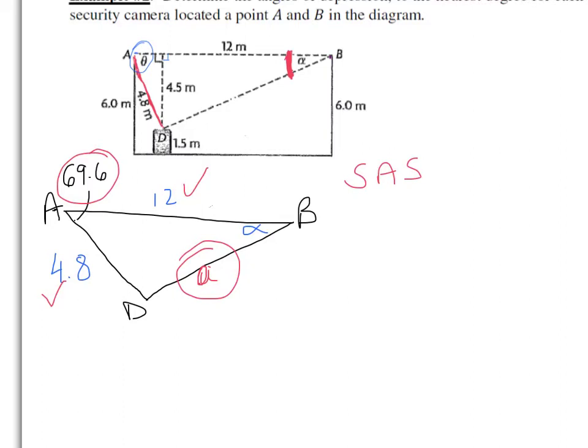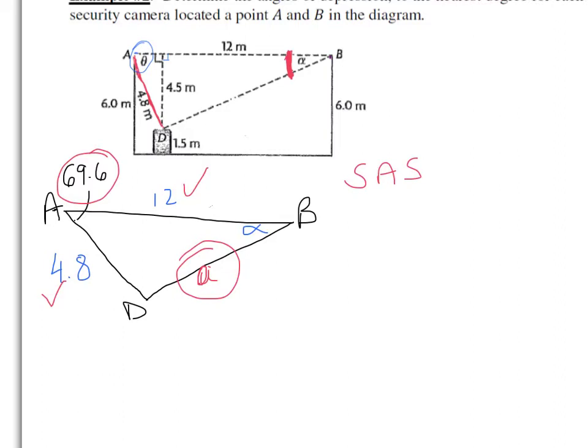Which is a squared equals b squared plus d squared, the two other little sides, minus 2bd cos A. And then we fill in the numbers. So a squared equals, little b is 4.8 squared, plus 12 squared, minus 2 times 4.8 times 12 times cos A, remember angle A is 69.6.